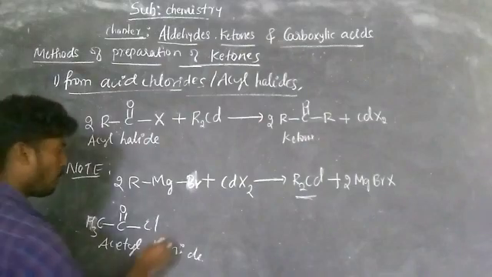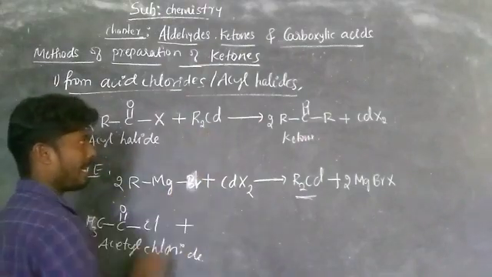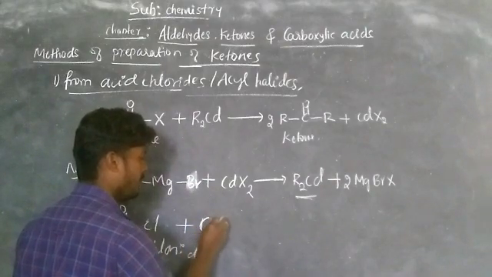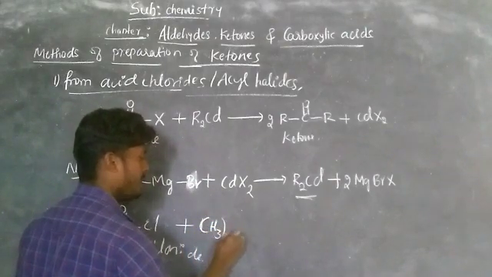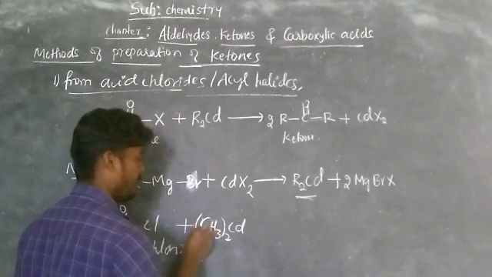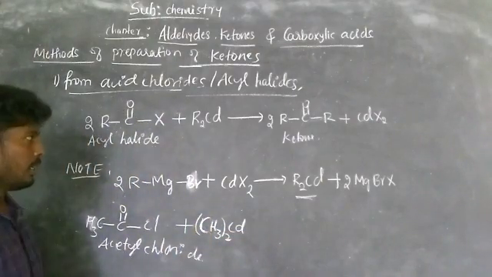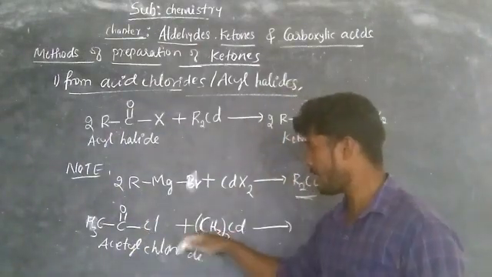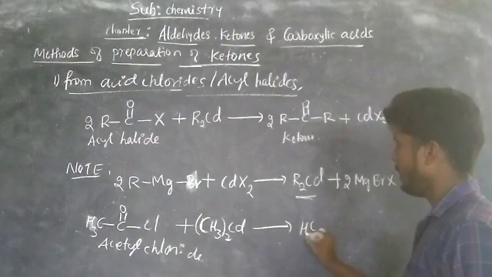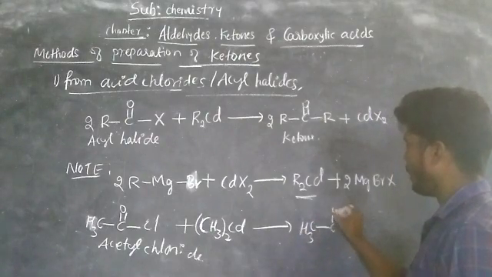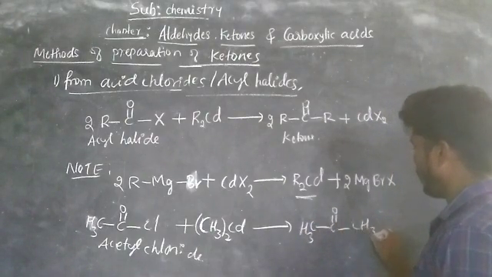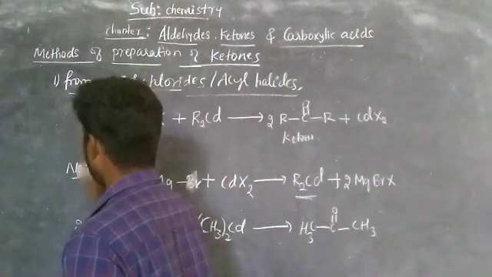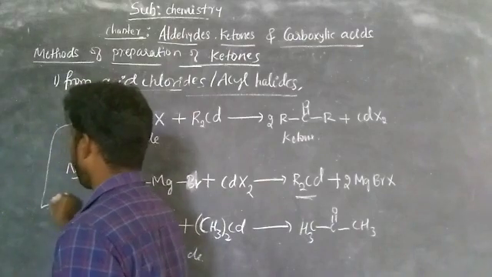This acetyl chloride is treated with dialkyl cadmium, in place of R take methyl, that is (CH3)2Cd. It gives CH3-C double bond O-CH3, as CH3 is added in place of Cl. Now to balance the chemical reaction, take 2 equivalents. So this is the example for this one.